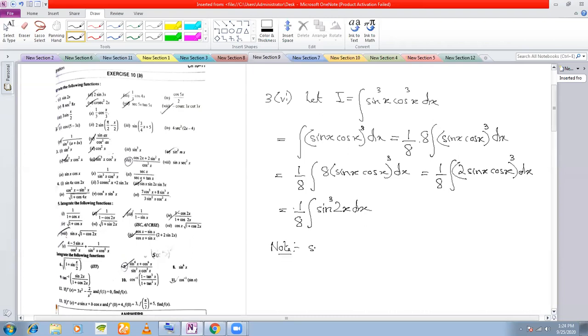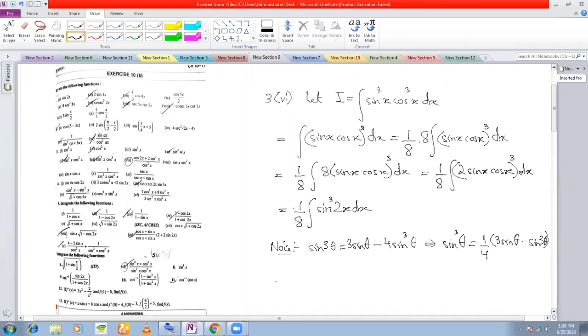You know that sin 3 theta is 3 sin theta minus 4 sin cube theta. So what do you get from here? Sin cube theta is 1/4 of (3 sin theta minus sin 3 theta), isn't it?